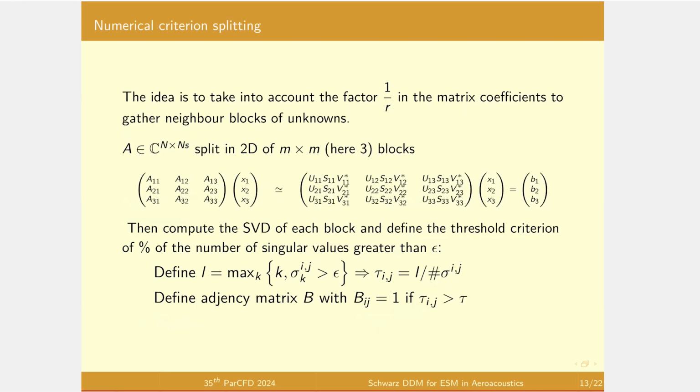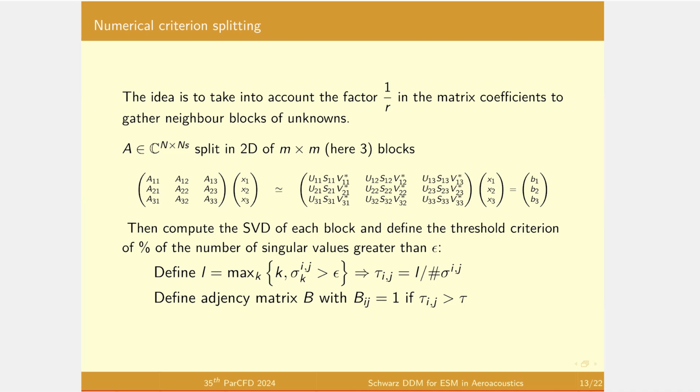So what we think is that we need a numerical criterion for the splitting. The idea was to take into account the factor 1 over R, the matrix coefficients, to gather neighboring blocks of unknowns. So we split the matrix R into M by M blocks, here 3, and compute the singular value decomposition of each block.